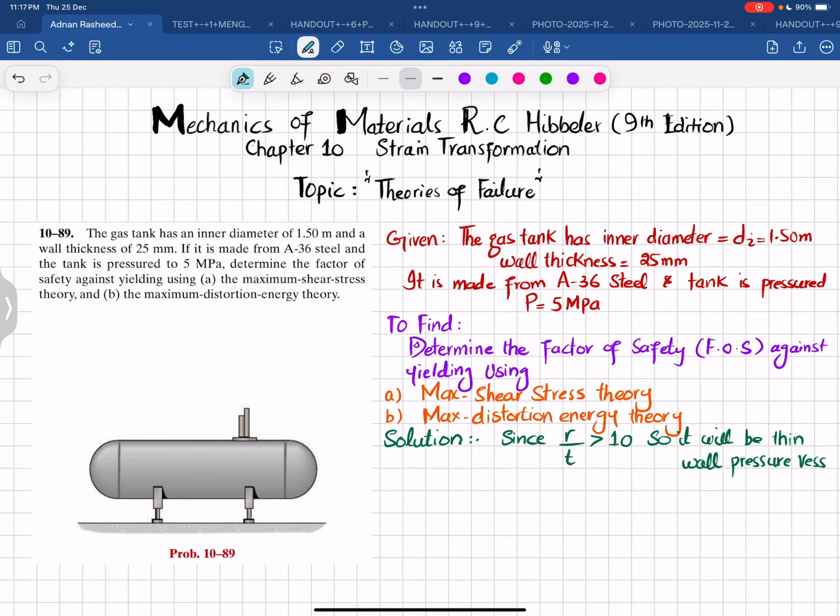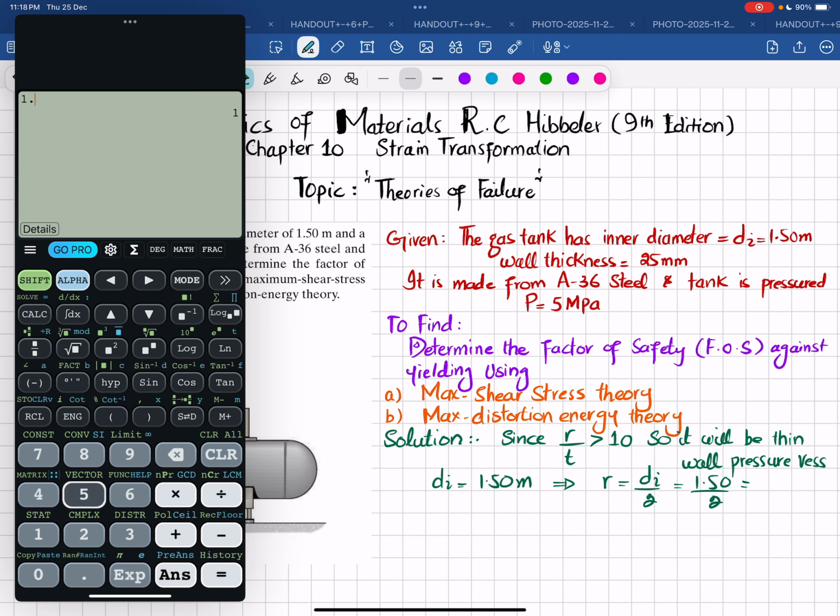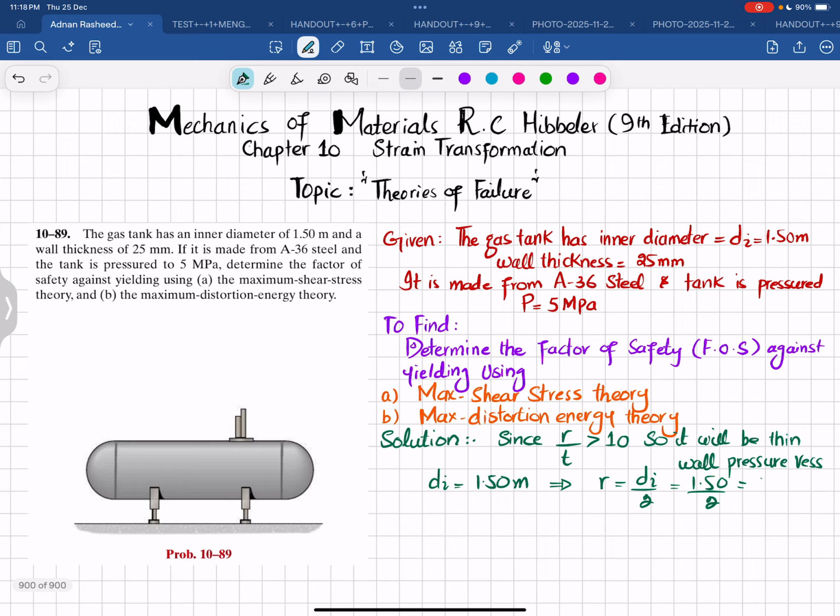The inner diameter DI is given as 1.50 meter, so the radius will be equal to DI divided by 2, which is 1.50 divided by 2, that is 0.75 meter, and thickness is given as 25 millimeter.